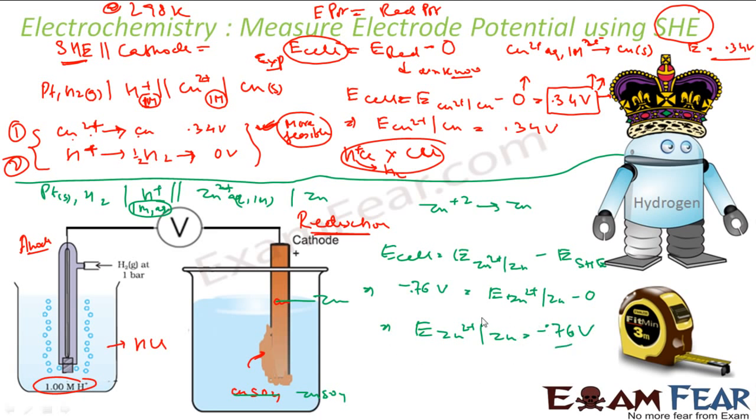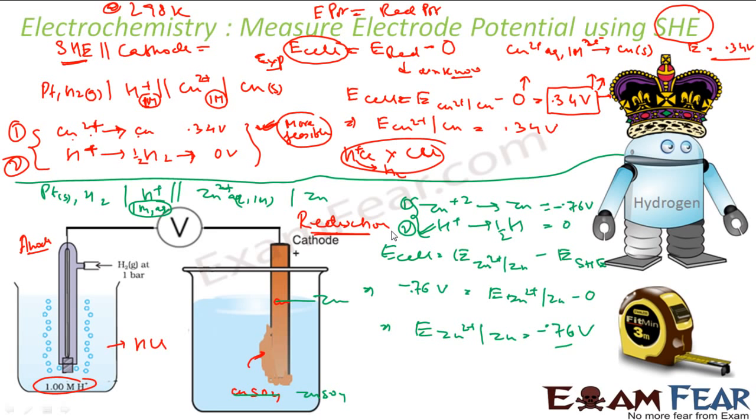Right? Now the negative value of this standard electrode potential indicates that H+ ions get reduced more easily. For example, if we talk about these two reactions, this and H+ to H2, this has the value of minus 0.76 and this has the value of 0. Out of these two, which one is more? Obviously the second is more because this is a negative value, this is neutral value.